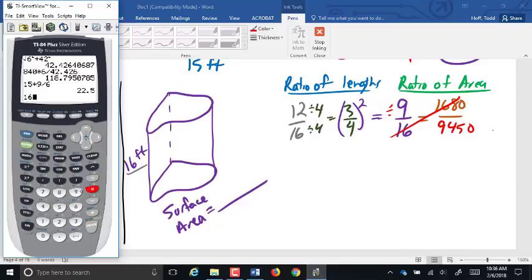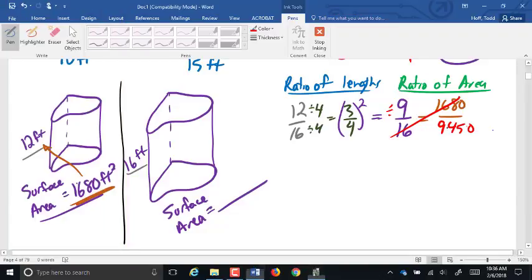Something's off there. It's 2986.67. That is going to be square feet. Shouldn't we cube it? Well, this is still just square feet, even though it's three-dimensional.